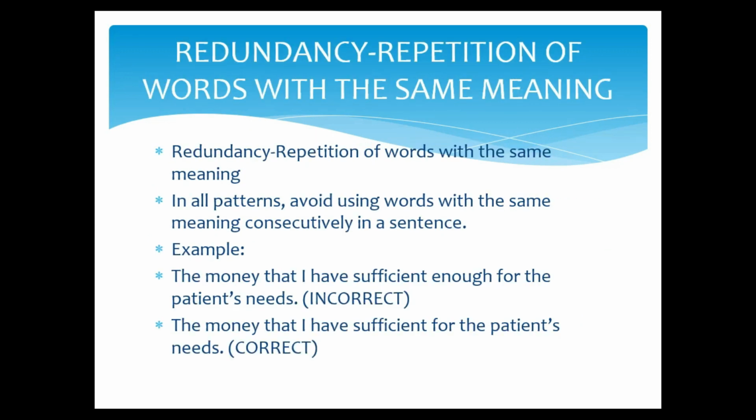Okay, redundancy or repetition. Redundancy has the same meaning as repetition. You say again the word with the same meaning. Okay, so you have to avoid it, because this is unnecessary.